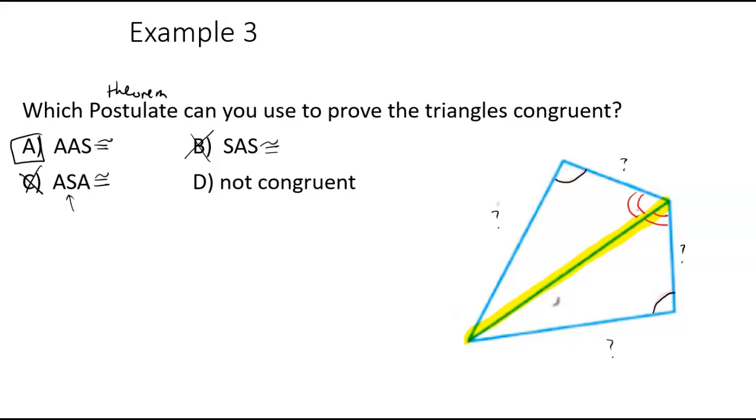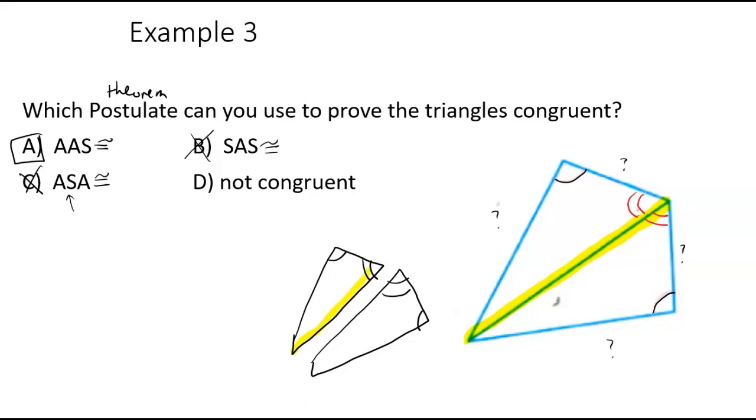So if I separated these 2 triangles out and made something that looked like this, here's my angle, a double angle. I know the picture is not very good, but this side that I'm highlighting yellow and this side that I'm highlighting yellow are technically together, so they are congruent.